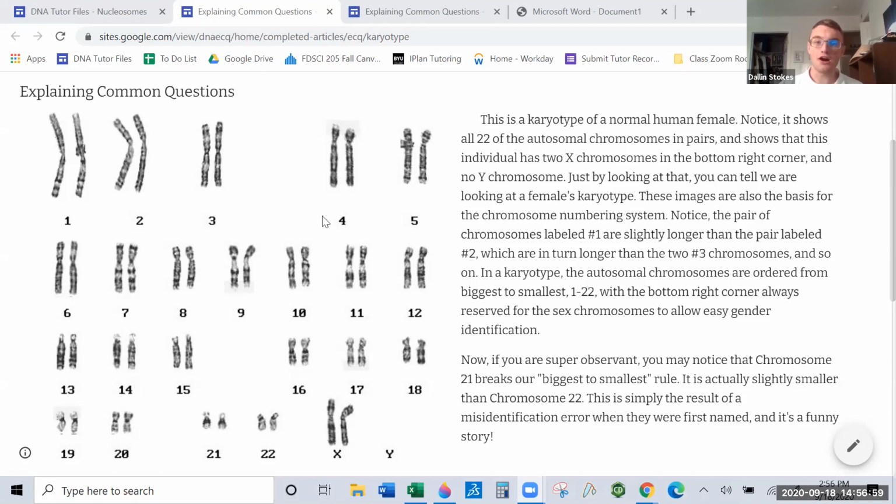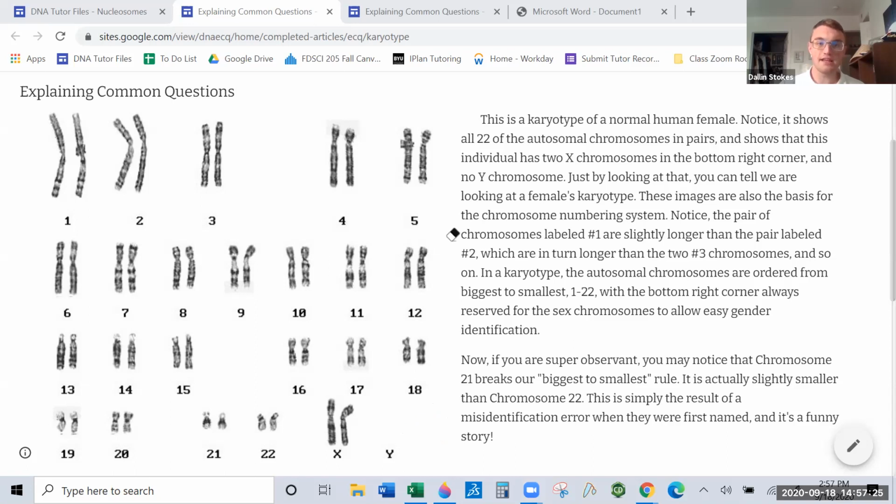So humans, our natural number of chromosomes is 46. And I'll talk about that more in a sec, but humans have 46 chromosomes. So a karyotype can help me see how many chromosomes this individual has. Your standard healthy human has 46. That's the second thing you can tell.